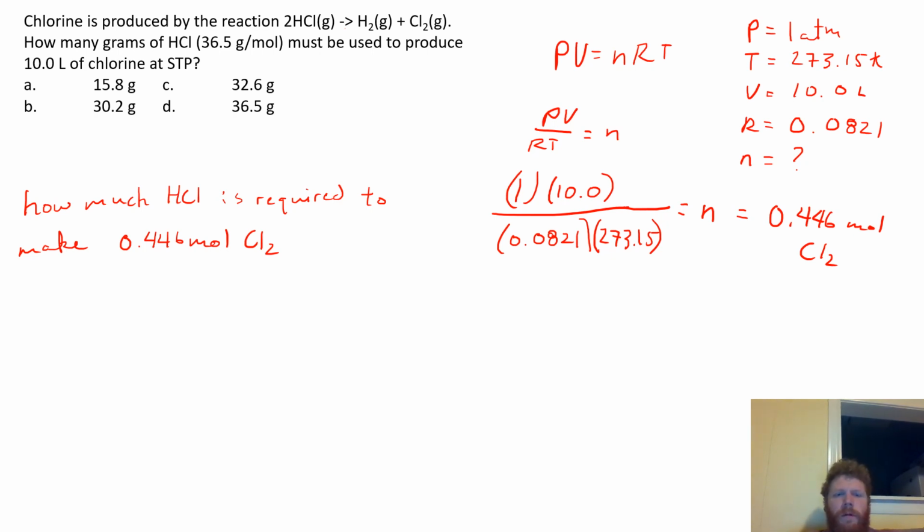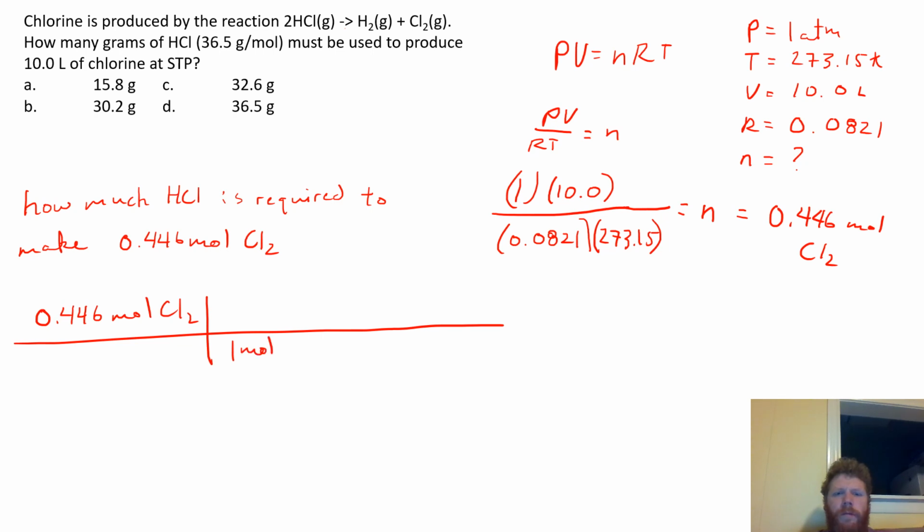So what we can do is set up 0.446 moles Cl2, and do our dimensional analysis to bring in our balanced chemical reaction. 1 mole Cl2 is produced by 2 moles HCl.